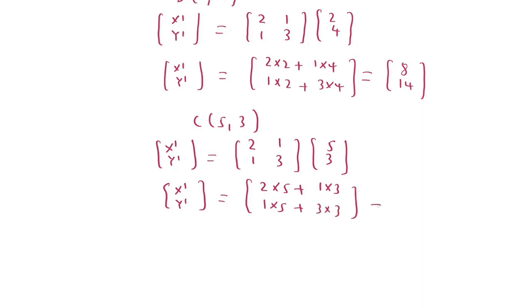Solving this, we are going to get matrix 13, 14. Therefore, we can conclude that the images of the vertices are 3, 4, 8, 14, and 13, 14.